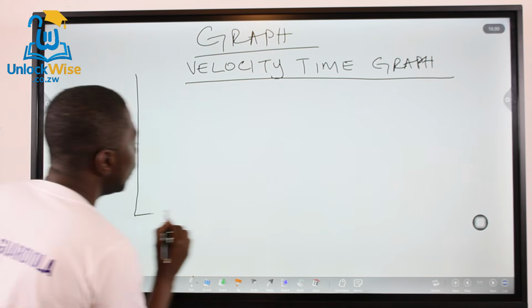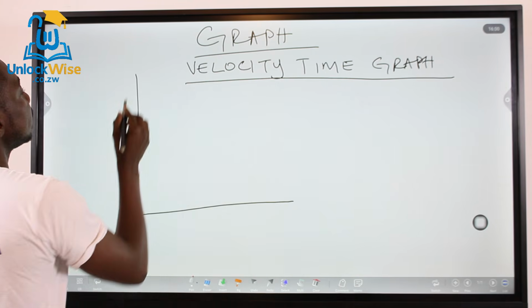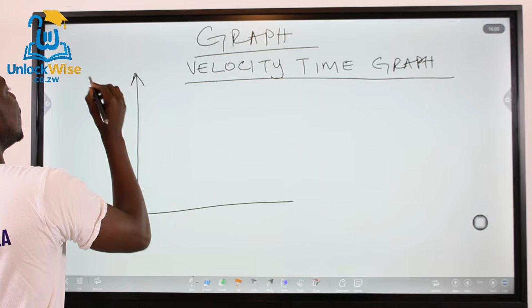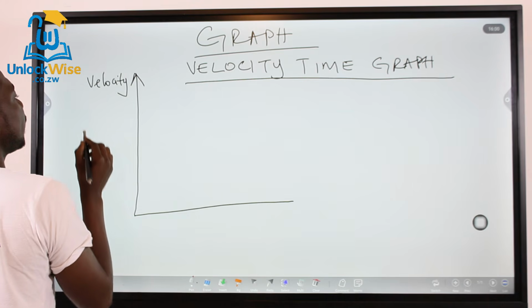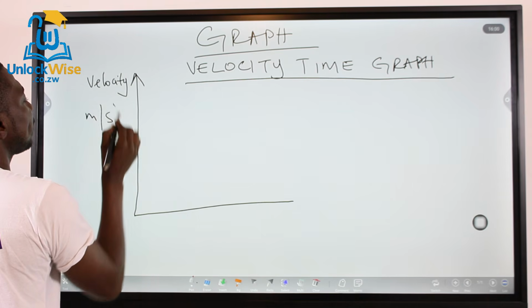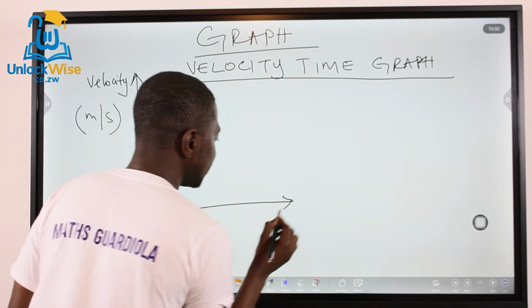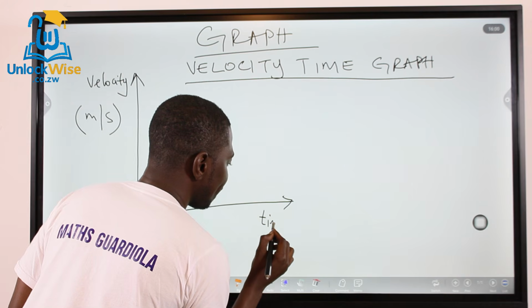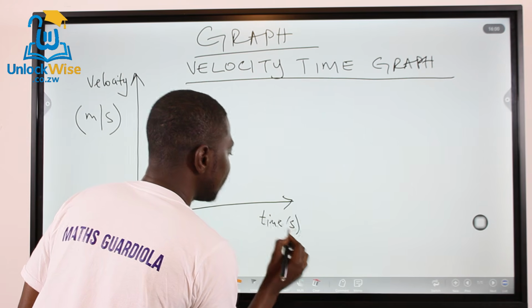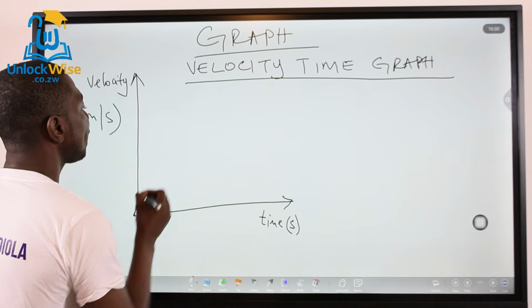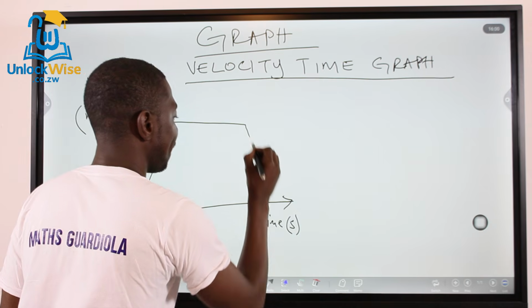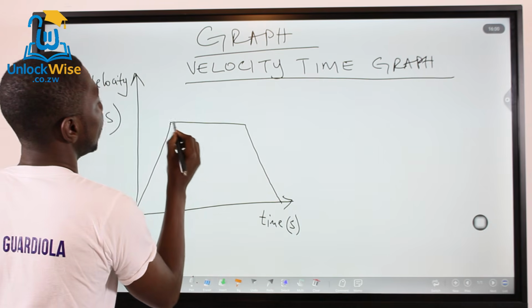I'm going to draw and have this as velocity in meters per second, and have this as time in seconds, right? And maybe draw something like this.